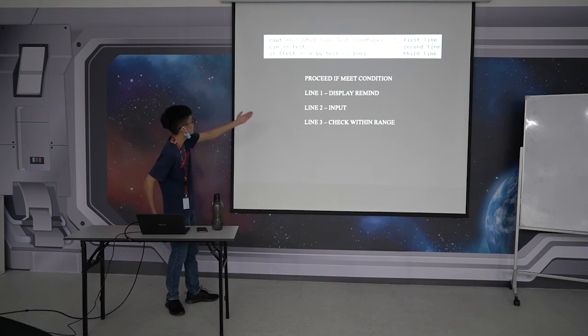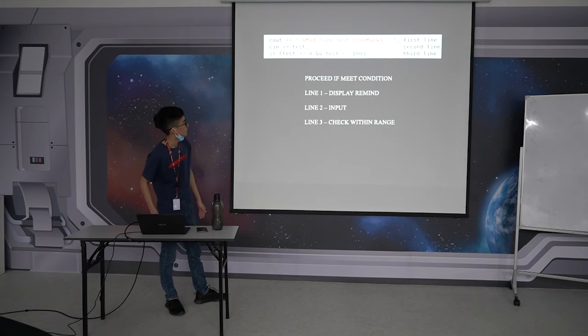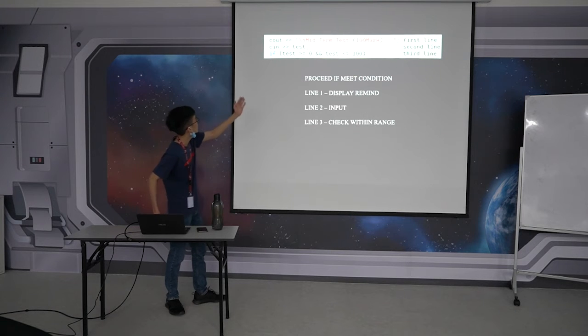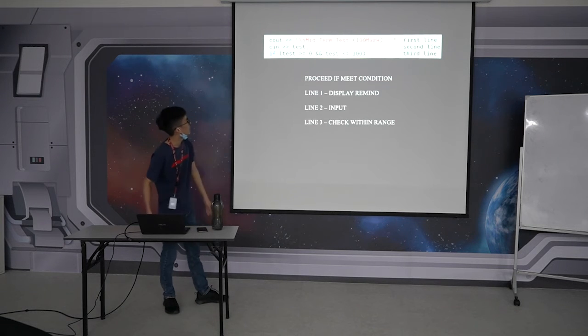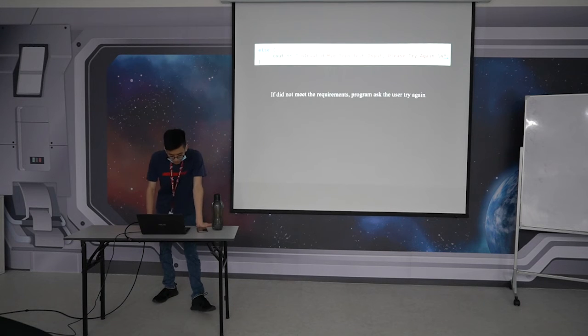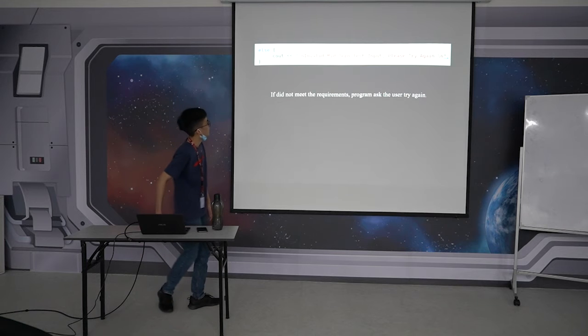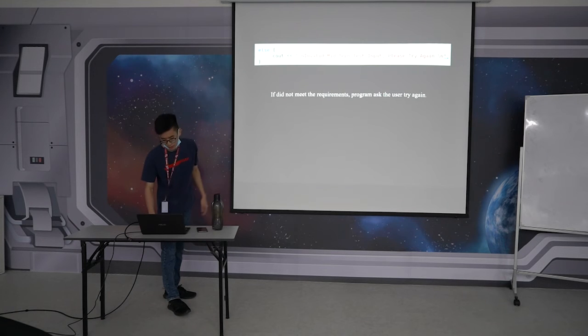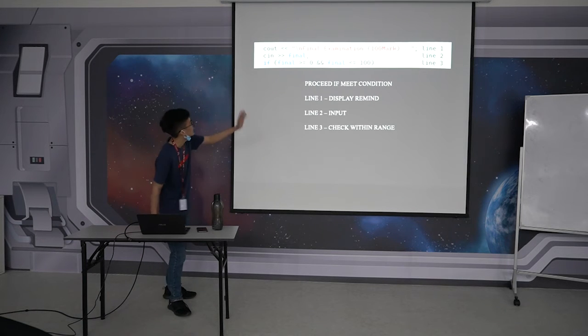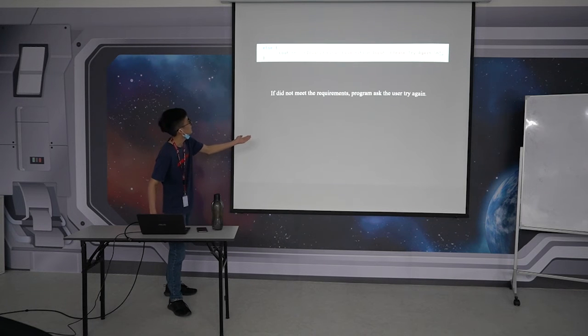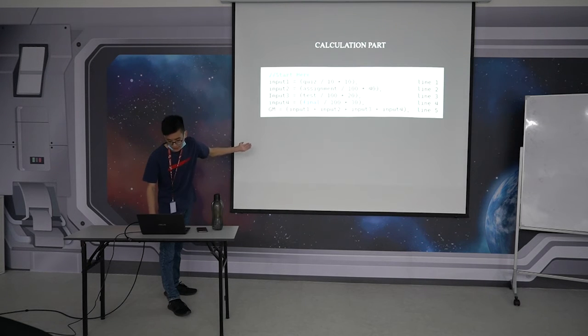The first line displays the reminder, midterm test 100 marks. The second line is for user input, and the third line checks whether it is within the range. If not, it's the same, they are asked to try again. And then the last one, the final examination, is the same process.